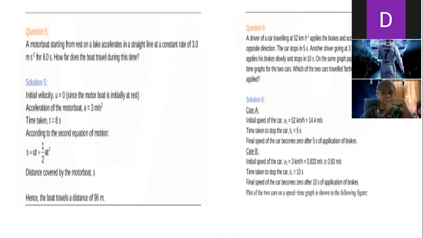Okay, so initial speed of the car is 52 km per hour. You have to convert it into meter per second. To convert 52 km per hour into meter per second, there's a simple thing you have to do. You have to multiply it by 5 by 18. Children, please make a note of this particular point. The same question I'll repeat in the next section also.